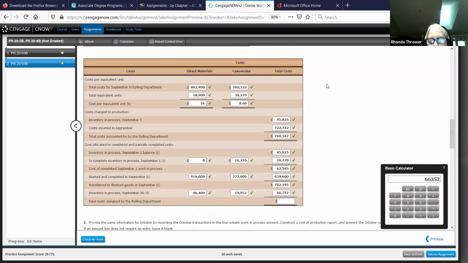So to complete the cost of production report, we will add our ending inventory cost to the transferred cost, and that will give you 768,547.